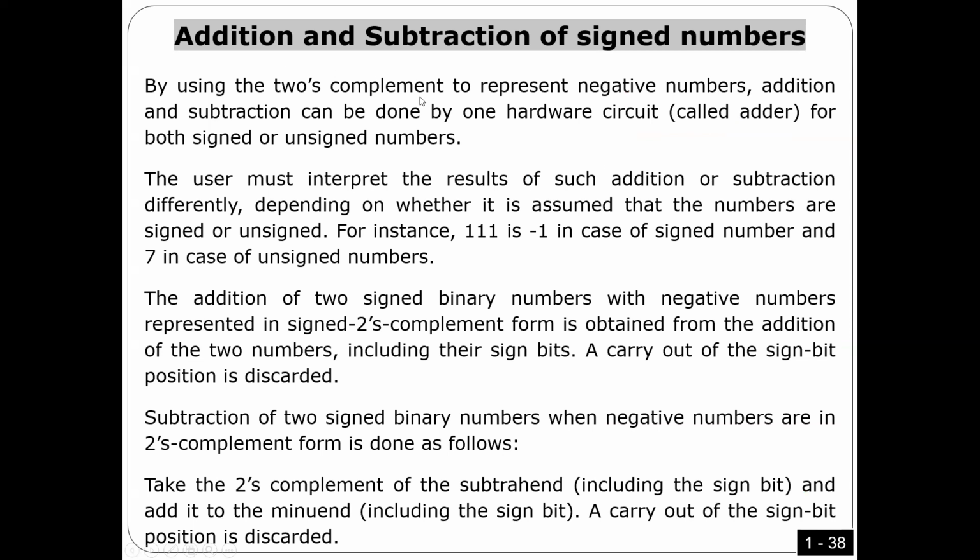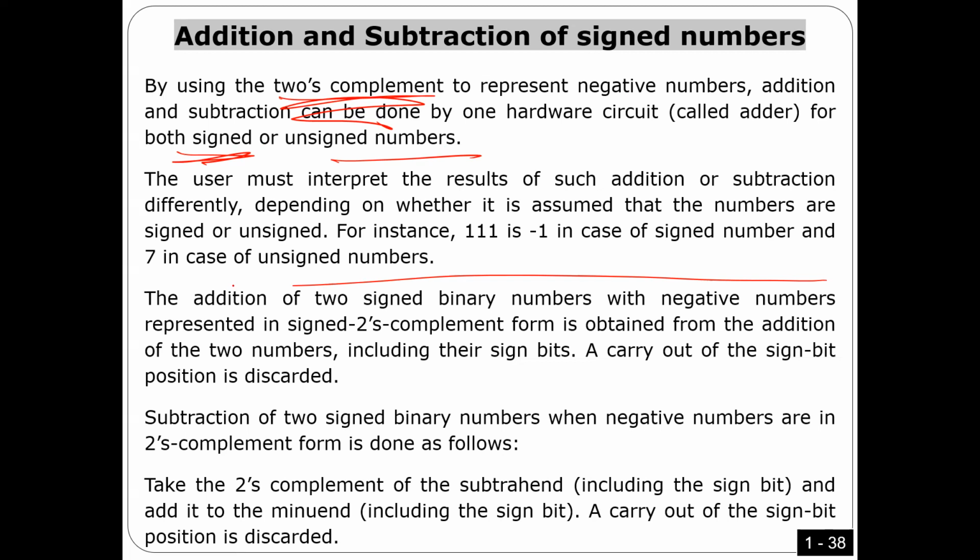That's what I told you, guys. By using the 2's complement system, I can use the same hardware to do addition for signed or unsigned numbers. But notice, there's a very minor thing I want to tell you about.